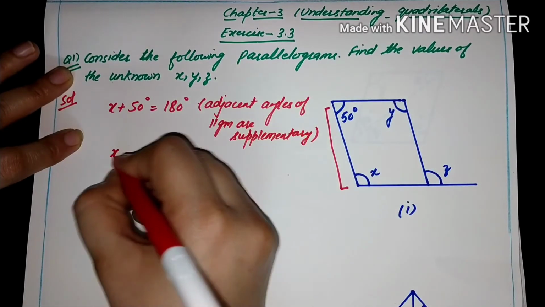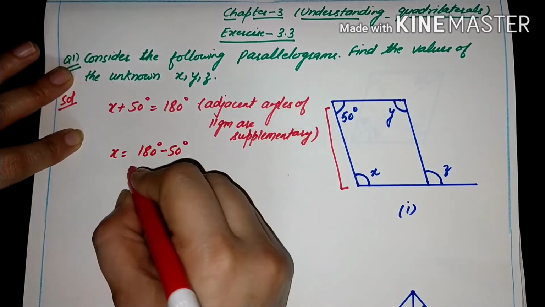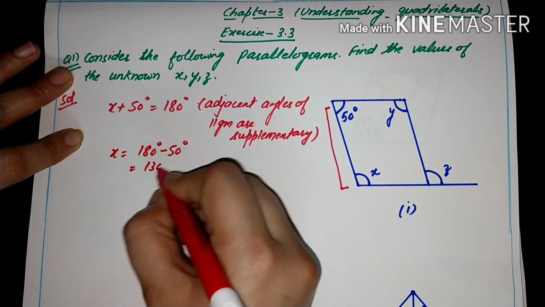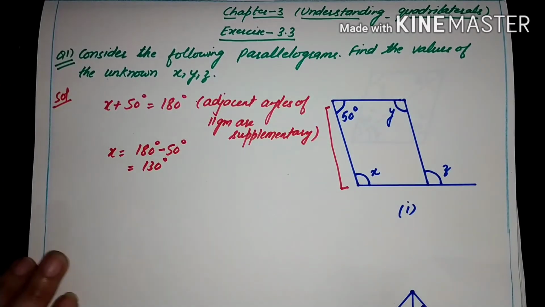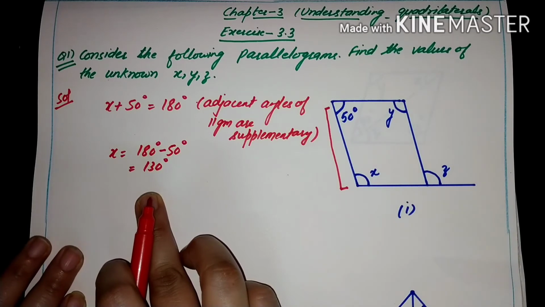So you can find out the value of x here. 180 minus 50 is equal to 130 degree. So we have got the value of x as 130 degree.